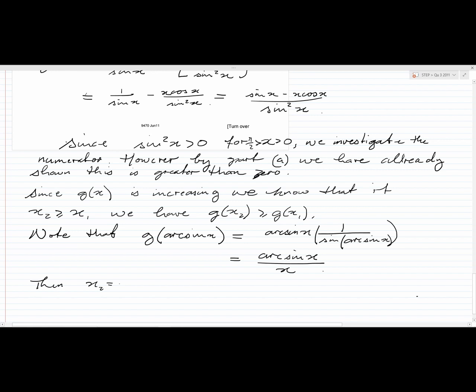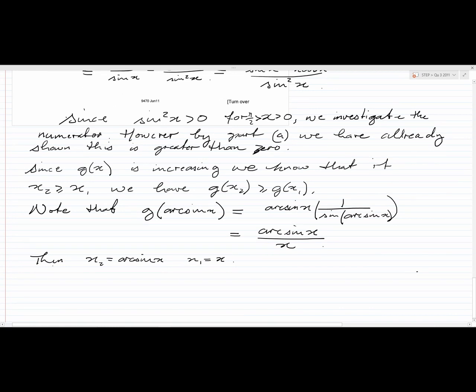And so we just let x2 equal arcsine x, and x1 just be x. Then we have g of x2 is greater or equal to g of x1.